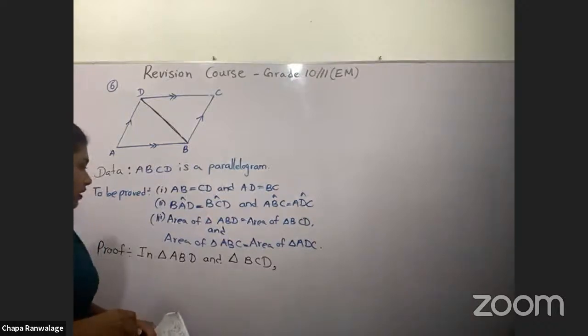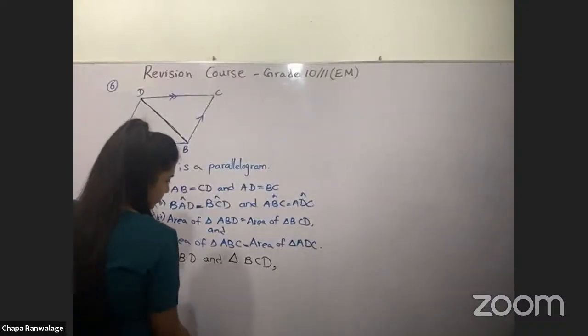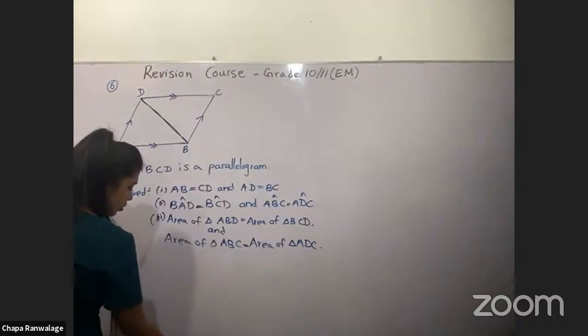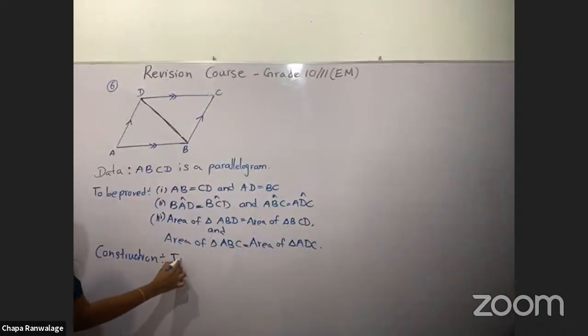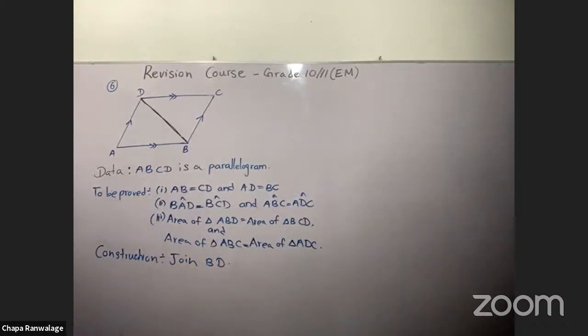Construction agreement. Here we have to write the construction. Right? Yes. Before starting the proof, we have instructions given. Construct join BD. Sorry.